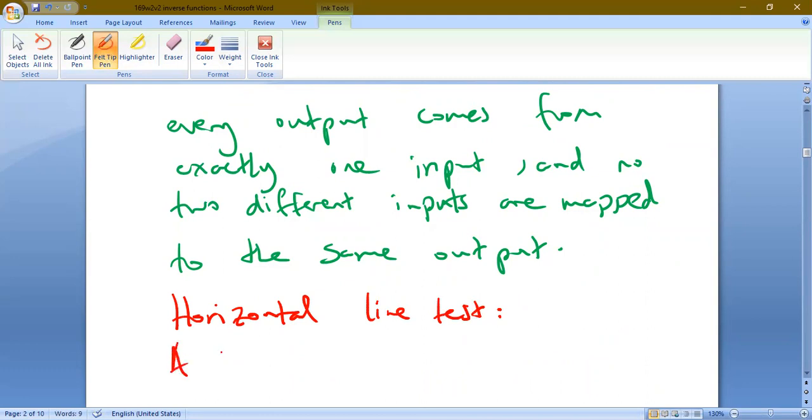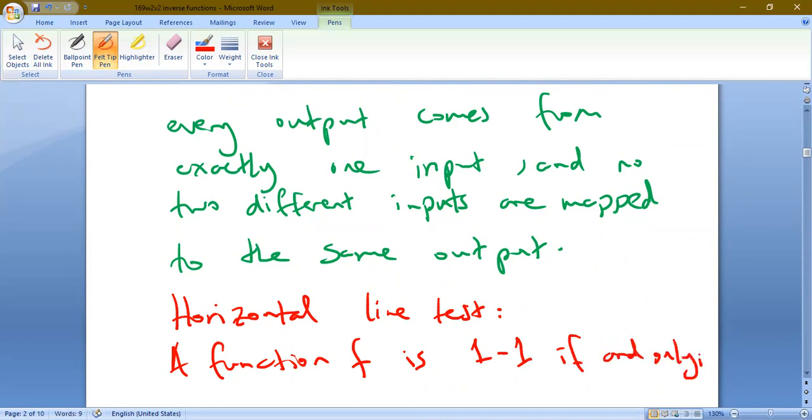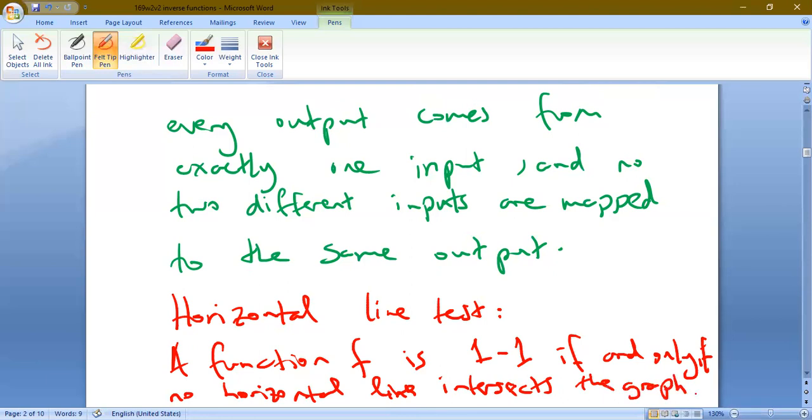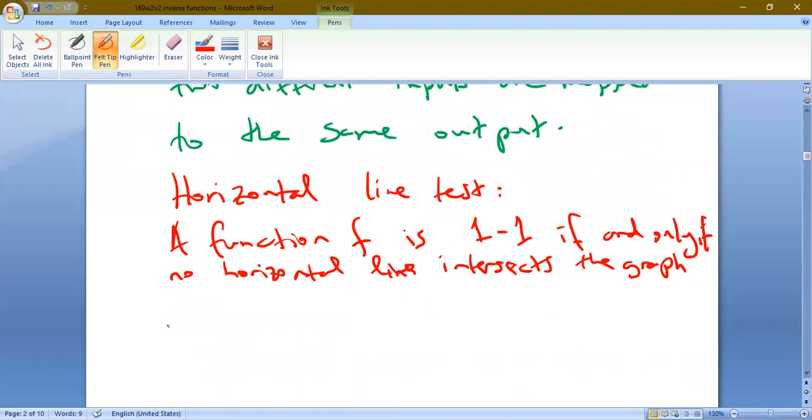So a function f is one-to-one if and only if no horizontal line intersects the graph of f more than once.